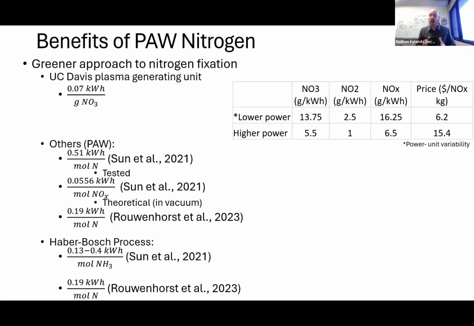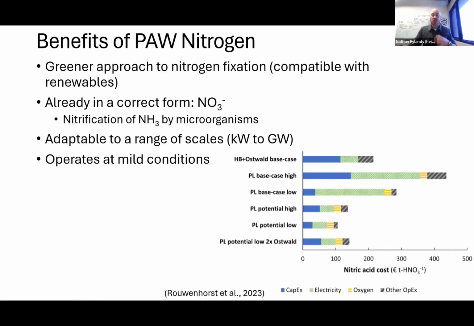Either way you look at these figures, there are a lot of promising aspects to creating nitrogen species using non-thermal plasma, especially in the energy realm right here. For starters, this technology operates on electricity. This will make plasma-activated water compatible with renewable energy sources like wind and solar.